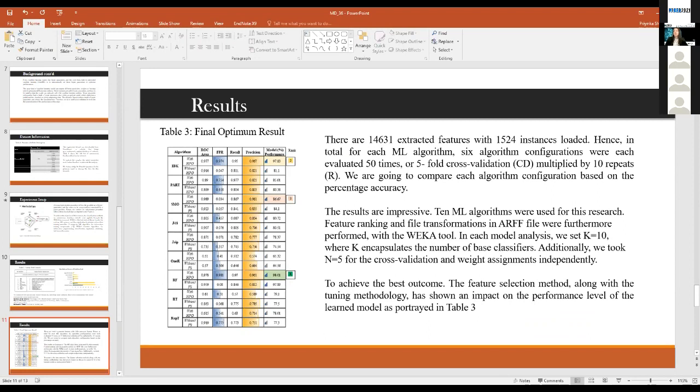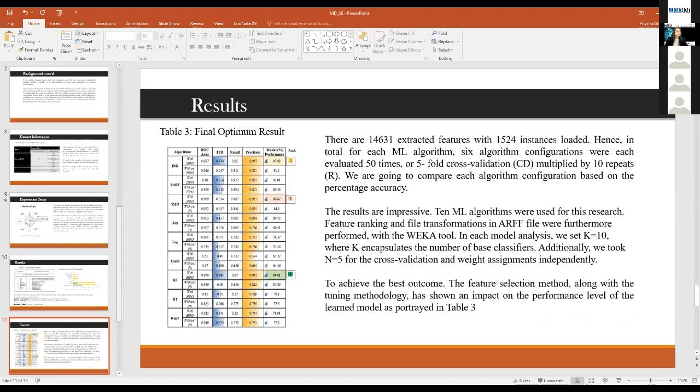Thus, the results that we achieved were impressive, right? 10 ML algorithms in total were used for this research. Furthermore, feature ranking and file transformation into ARFF were performed, again, with the Weka tool.